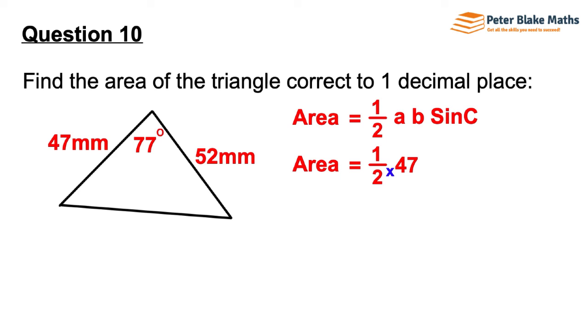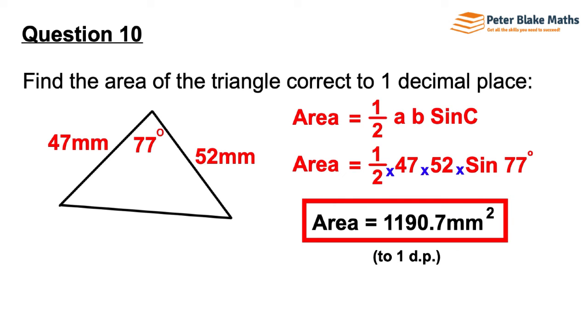So we've got half of 47 times 52, and it doesn't matter if you get them in the wrong order because they're just multiplying. So you could just as easily have half of 52 times 47 times sine 77. It's got to be the angle that goes next to the sine there. So we're just substituting into the correct positions in the formula.